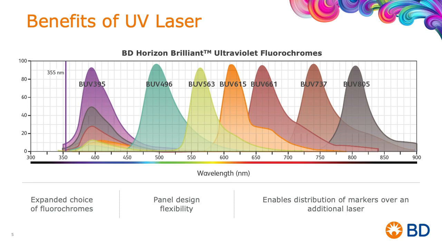But today, I would like to talk to you about a different aspect and a different benefit of a 5-laser instrument configuration. And that would be the ability to simplify the design of lower complexity panels between the 6 and 12 color range. And this is enabled by having access to high performing dyes. We'll talk about the brilliant UV dyes and some yellow-green dyes.